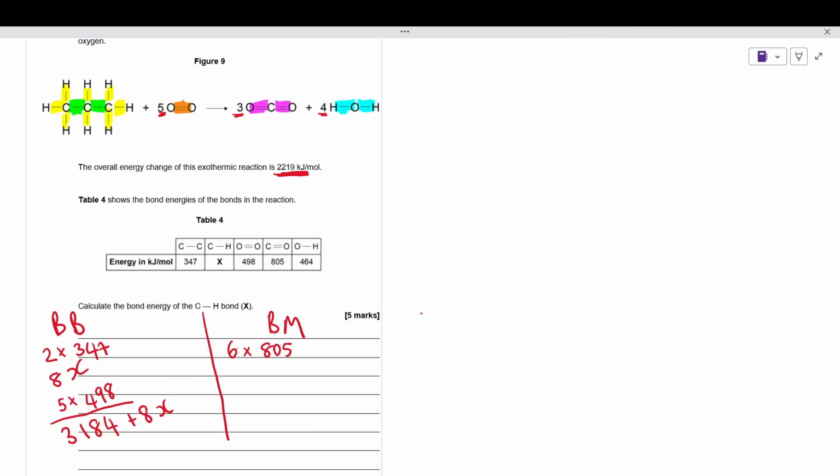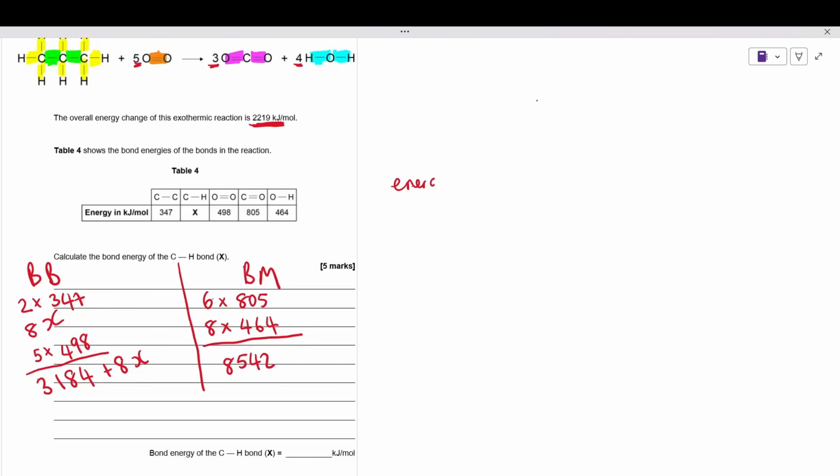So that's 6 times my C double bond O. And I have 8 times my OH bonds, my O single bond H. So that's going to be times my 464. Okay, so I have that. So the overall for this, if I add all of these, I'm going to end up with 8542.